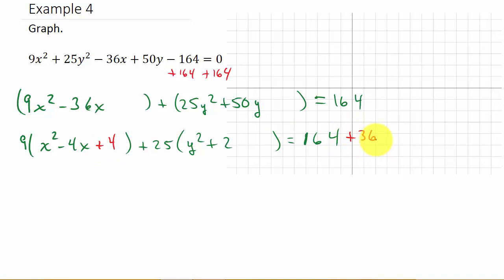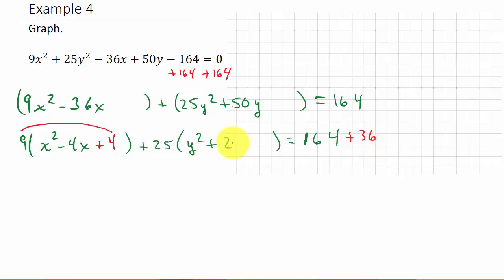Now, you might be wondering, where did the 36 come from? Well, I added 4 in here, but look at this: what's 9 times 4? 9 times 4 is 36. So I actually added 36 on this side, so I have to come over here and add 36.